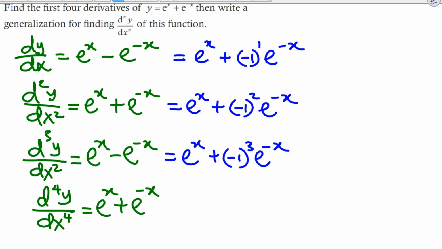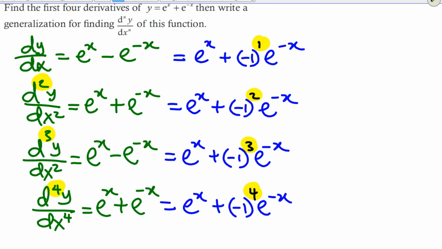And these are some of the things that you have to observe, especially with the higher derivatives. You have to observe some patterns and find ways of generalizing those patterns. So this will be e to the power x plus -1 to the power 4 e to the power negative x. Now, if you look at the pattern here, these powers, we can come up with a generalization of the nth derivative.